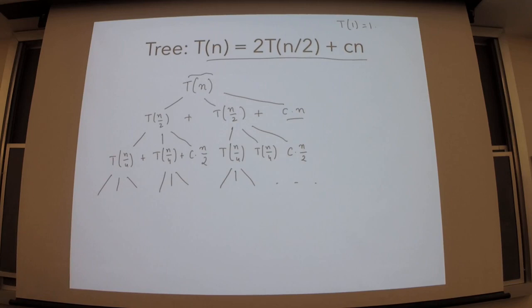At this step, you've got 2 such T terms, and each of those is T of n by 2. At this step, you've got 4 terms that are all T of n by 4. At the next step, what will you have? You'll have 8 terms that are all T of n by 8.